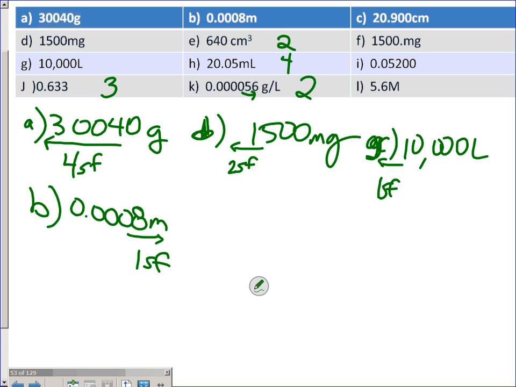Next, did we do that one? No. C? 5. There are 5 there because the decimal is present, you start from the Pacific, and that 2 is your first non-zero digit. So you count the 2, the 0, the 9, the 0, and the 0. Once you start, you don't stop counting. So there are 5. F, 4, good. Because that decimal is present, start from the Pacific, count 1, 2, 3, 4 all the way across.